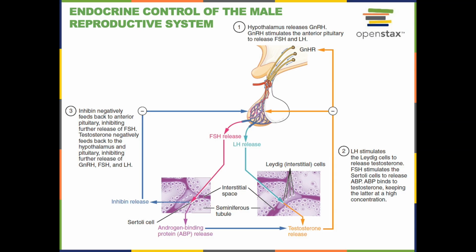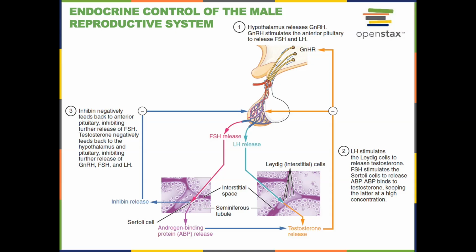The process of spermatogenesis is regulated by the endocrine system. The hypothalamus produces a releasing hormone known as gonadotropin releasing hormone, or GnRH. GnRH is released into the hypophyseal portal, and it travels in the blood into the anterior pituitary, where it will stimulate cells in the anterior pituitary to release FSH and LH.